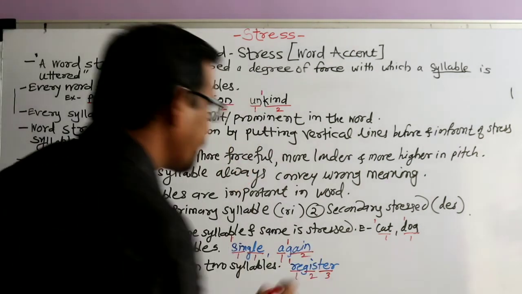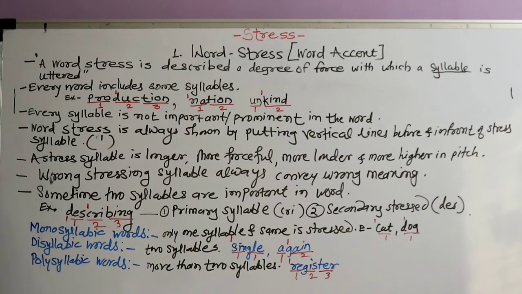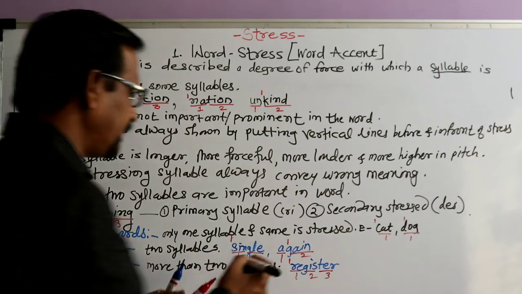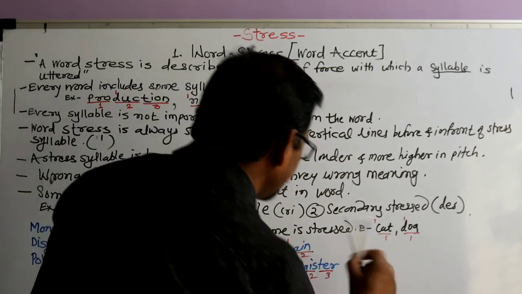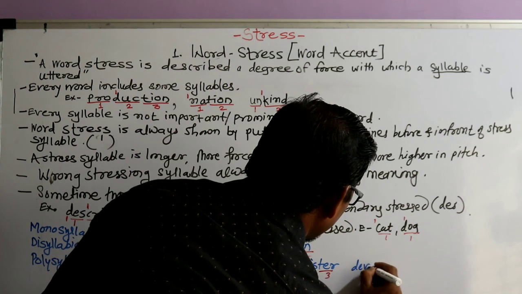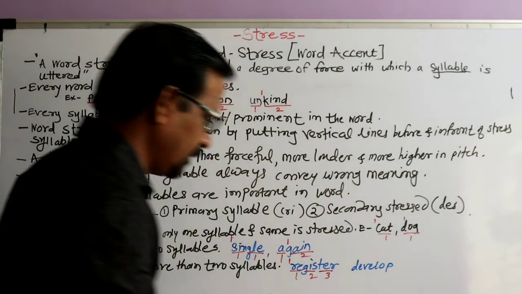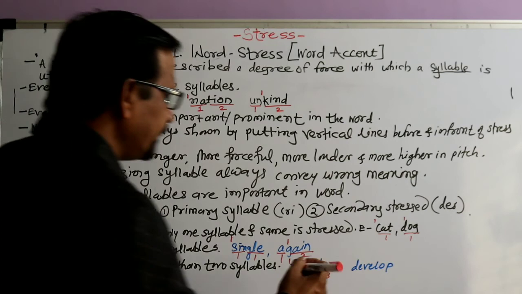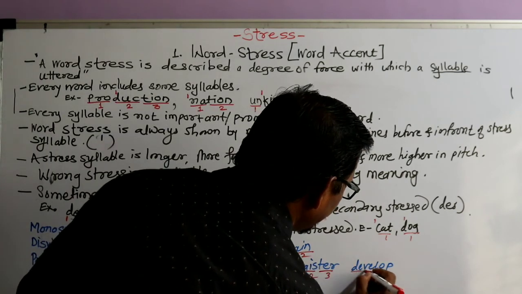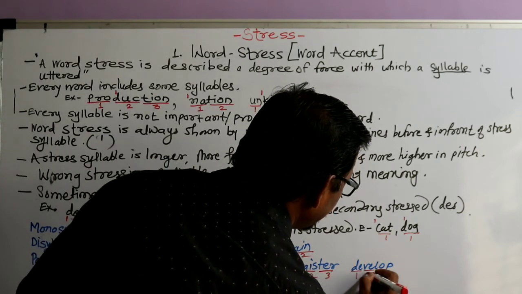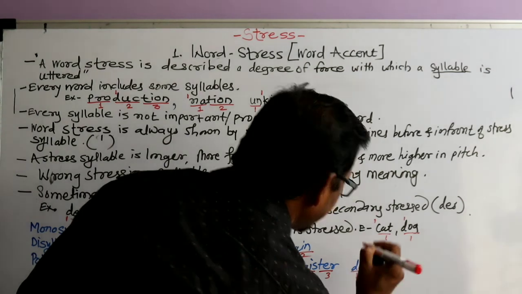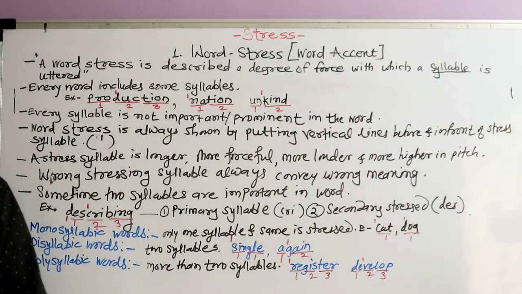One more example is develop. The word develop again has 3 syllables: develop, 1, 2, 3, and the second syllable is stressed.